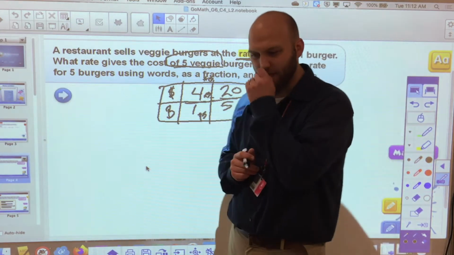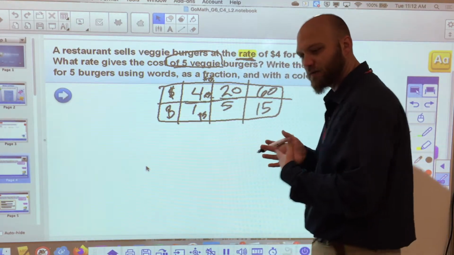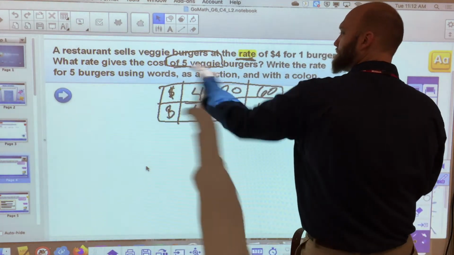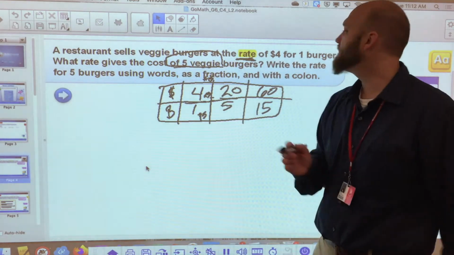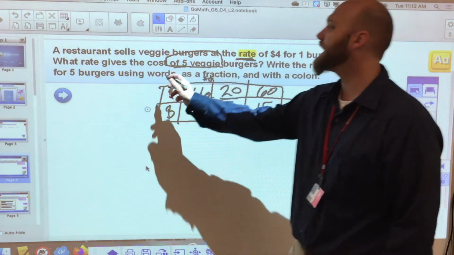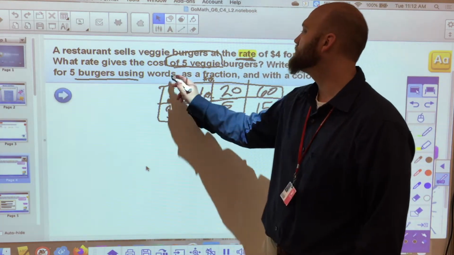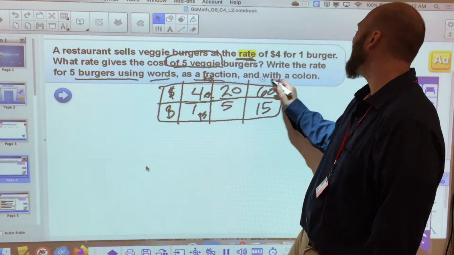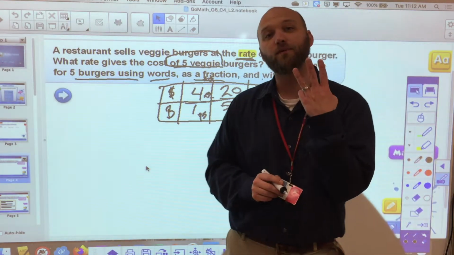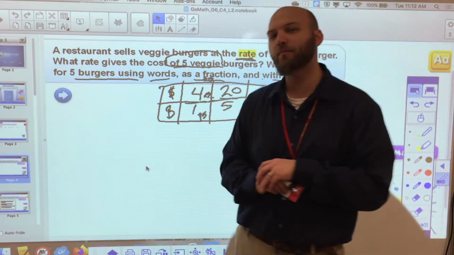But then I want to ask myself, now I have a unit rate and I have my equivalent, so I want to ask myself, what is it actually asking me for? It says write the rate for 5 burgers. So the rate for 5 burgers using words, as a fraction, and with a colon. I want to write it 3 different ways. I don't know why, they just want you to be proficient.